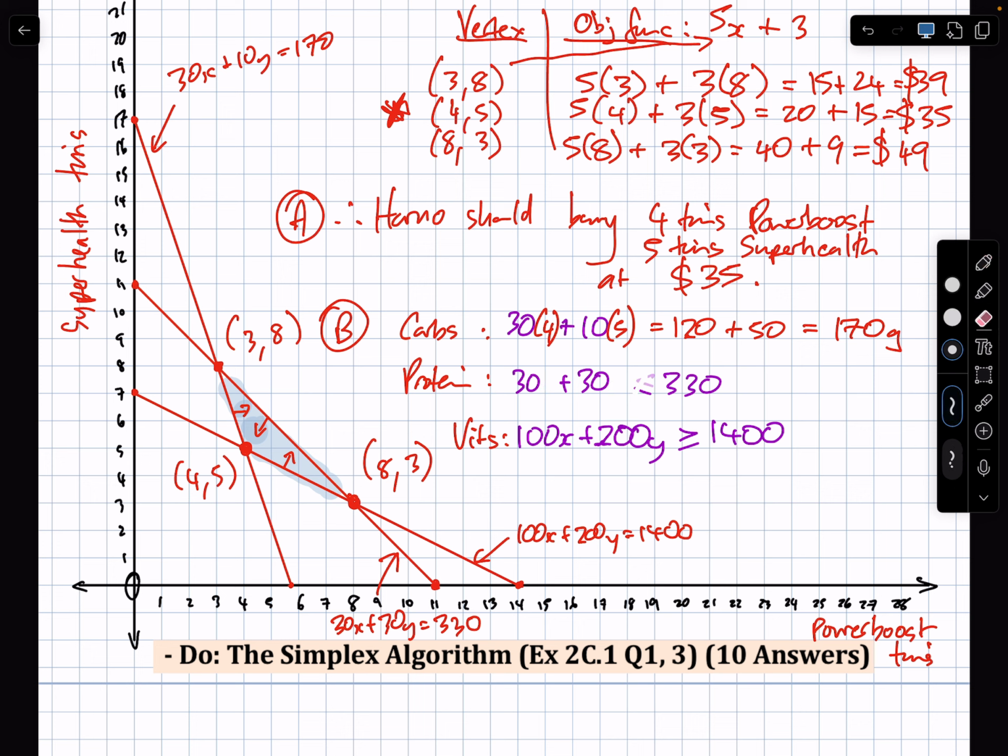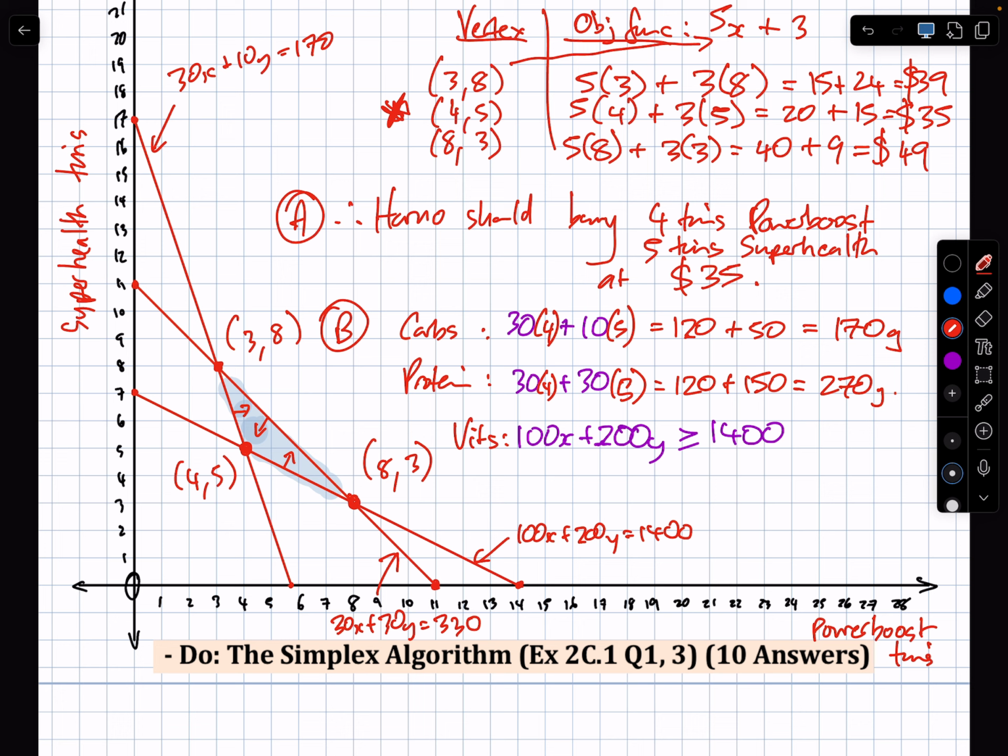Replace. 30 times by 4 plus 30 times by 5. 30 times by 4, 120 plus 150. He's going to get 270 grams of protein, so that didn't exceed his maximum. Maximum was 330, right?